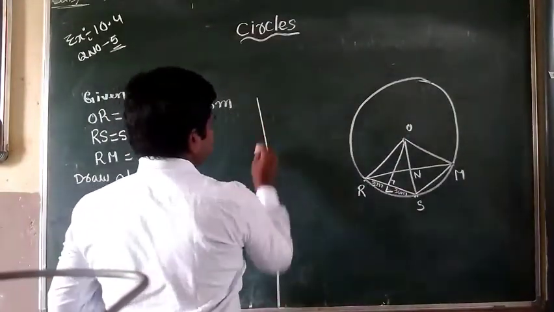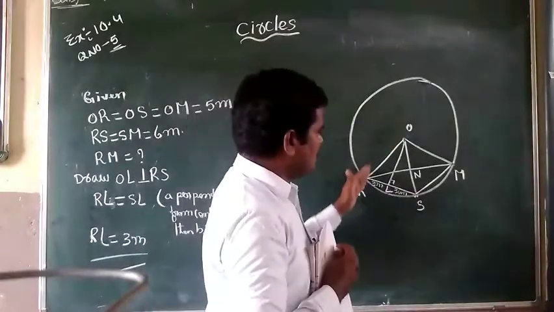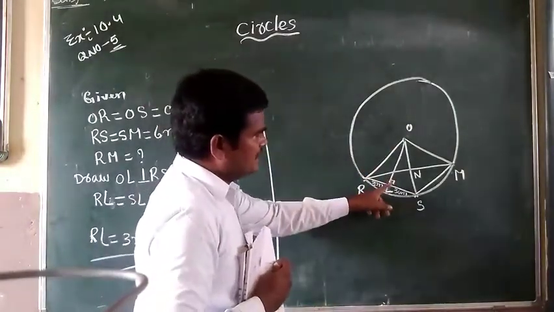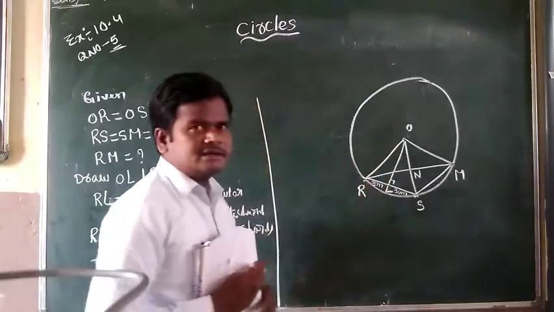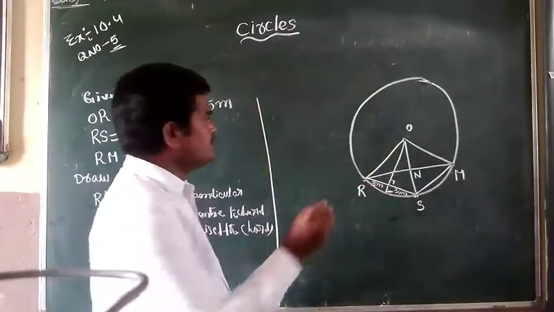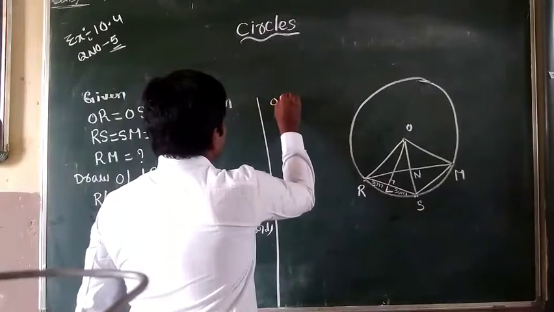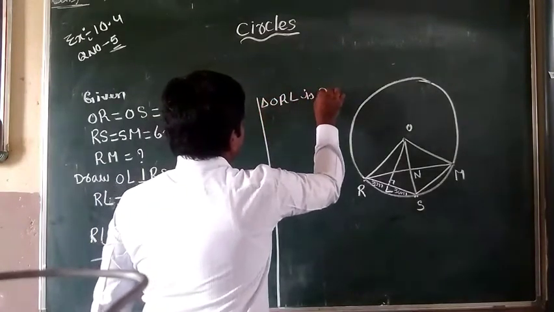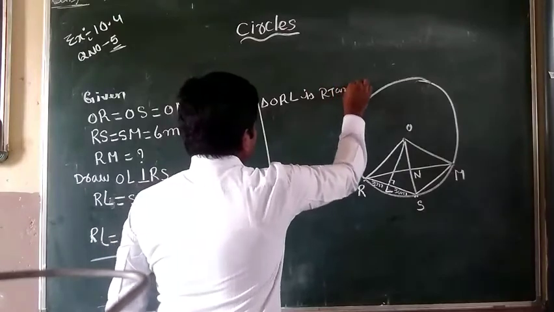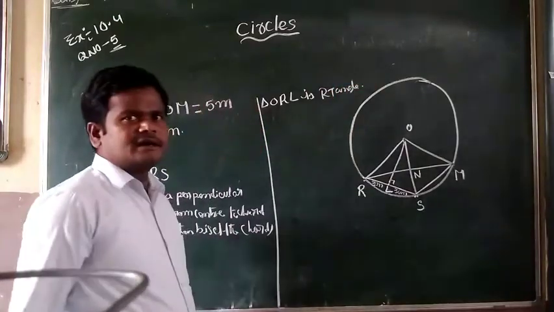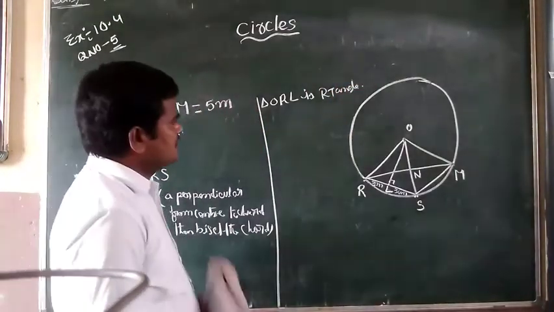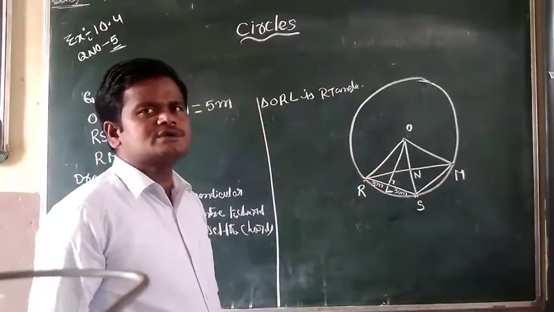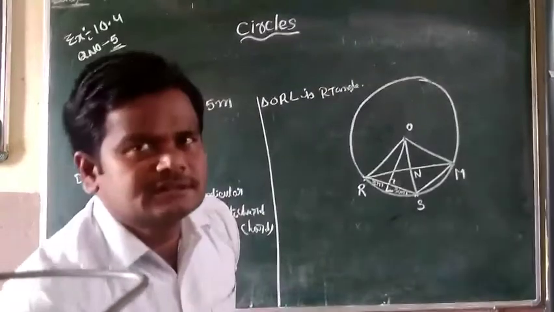Take this triangle ORL. ORL is a right angle triangle, so you have to use the Pythagoras theorem.